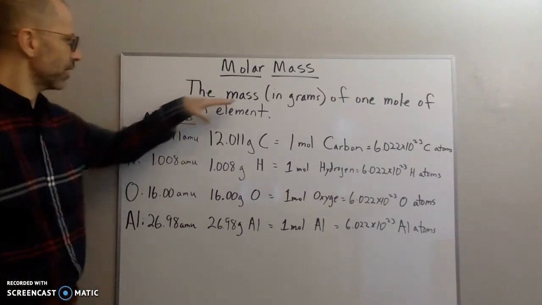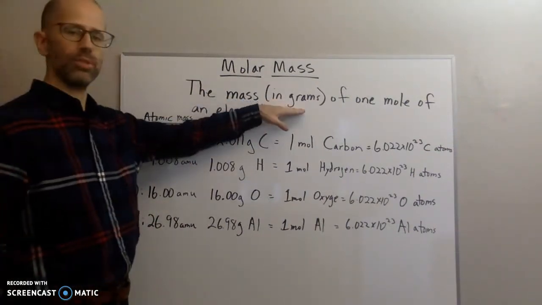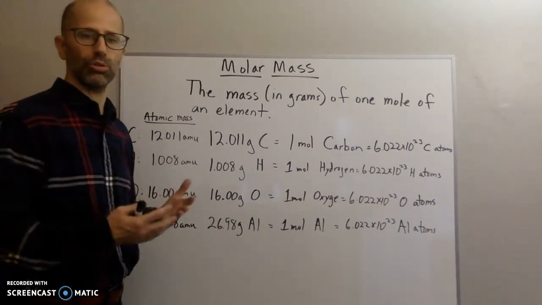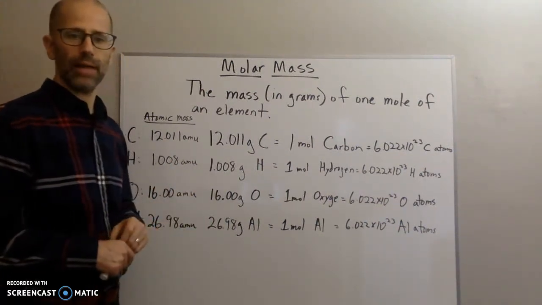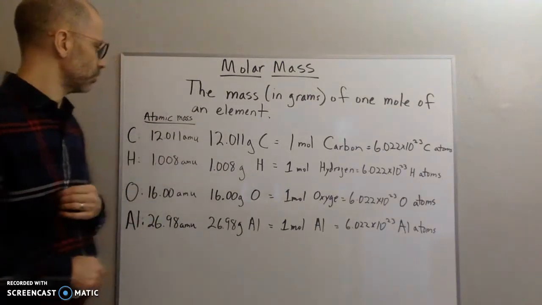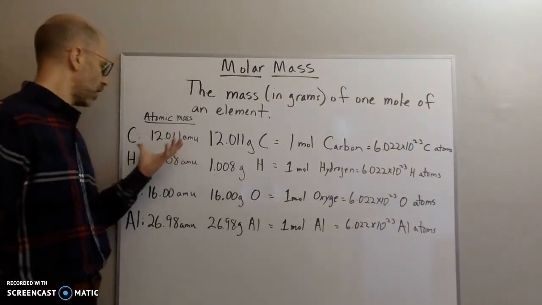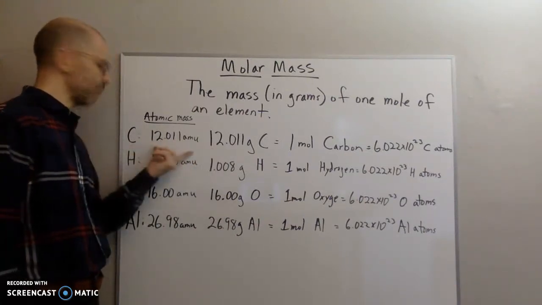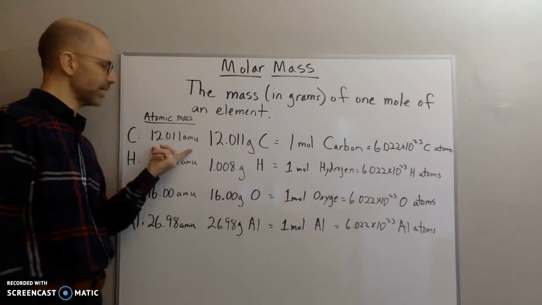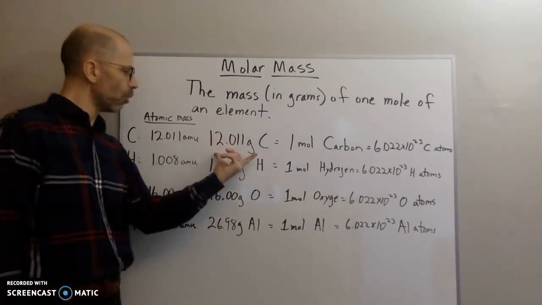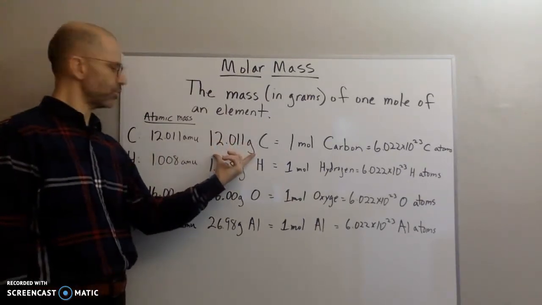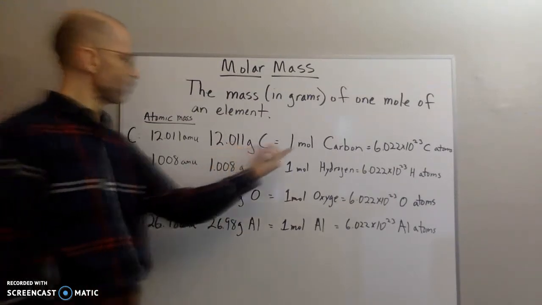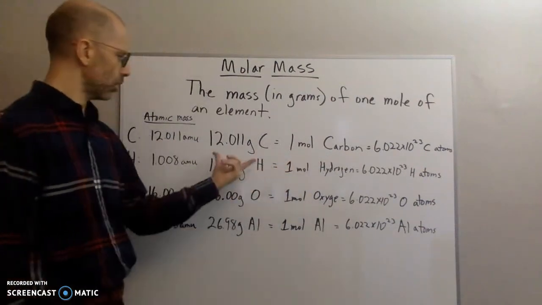So once again, the mass in grams of 1 mole of a substance is equal to that molar mass, and in particular of an element. So for example, you'll notice that the atomic mass that we get on the periodic table, the molar mass is the same number. So 12.011 grams of carbon is equal to 1 mole of carbon.